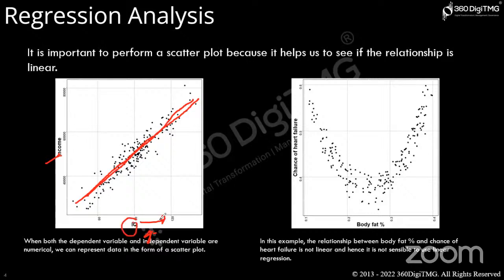Whenever we are increasing the IQ, the income is also increasing. In that case, you can say it has a linear relationship. Whenever you increase x, y is also increasing. In that case, you can say it has a linear relationship.